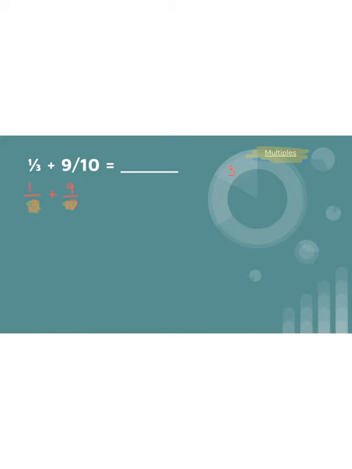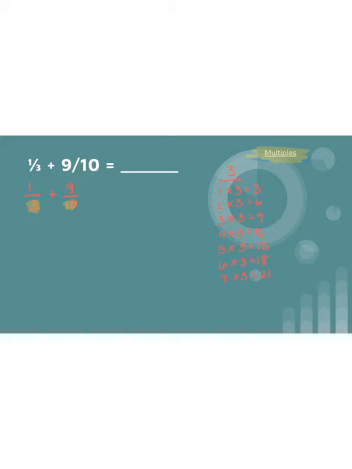I'm going to put 3 on the top here, and then I'm going to say 1 times 3 equals 3, and then I'm going to go with my 2, and I always go in order. 2 times 3 equals 6, 3 times 3 equals 9, 4 times 3 equals 12, 5 times 3 equals 15, and 6 times 3 equals 18. And let's go one more. 7 times 3 equals 21.